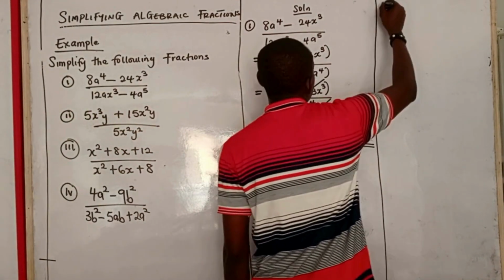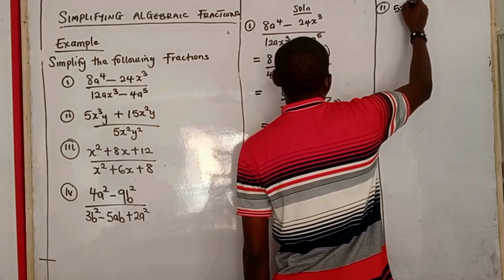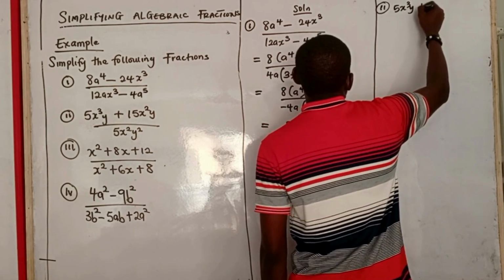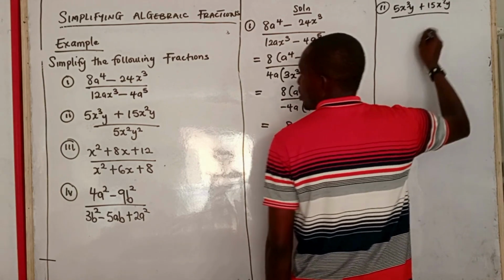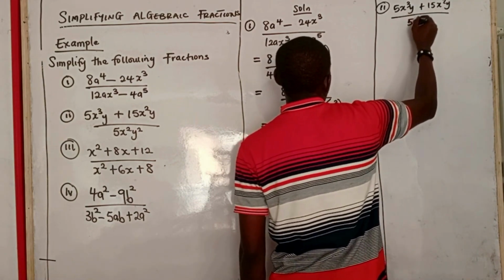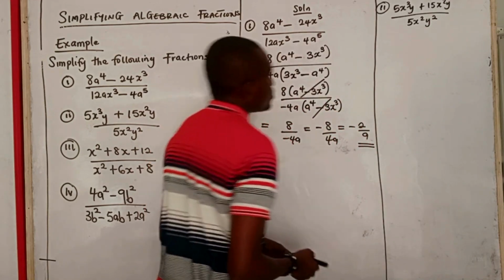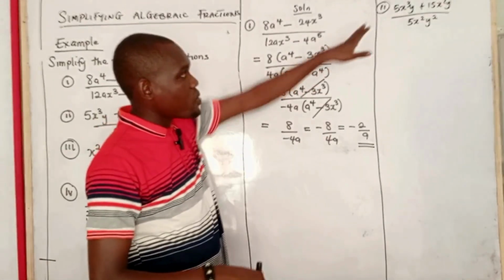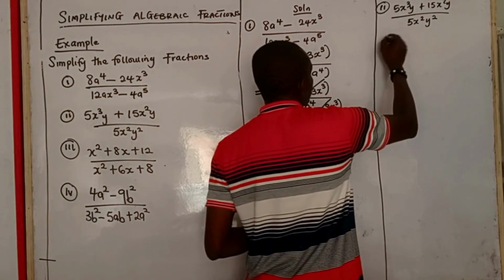In the second question, what do we have? We have 5x to the power of 3y plus 15x squared y all over 5x squared y squared. So if you look at it, you discover that the numerator as well is factorizable. So let me bring out the common factor.